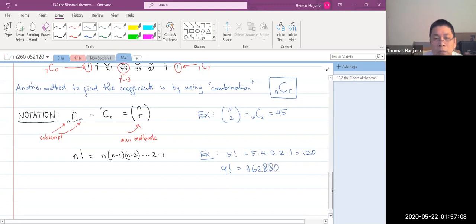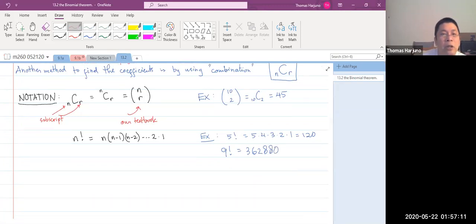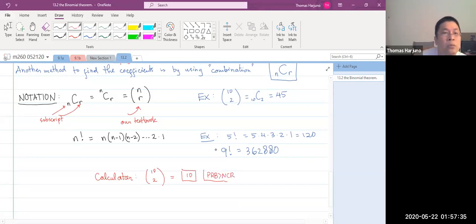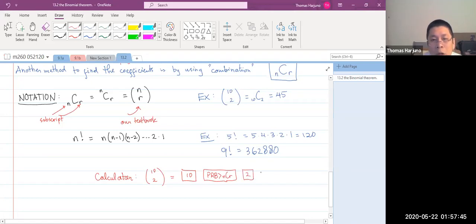362880. Or maybe I write the calculator notation here. Calculator. For let's say 10 combination 2, you will punch 10 and then PRB going to NCR, and then you punch 2 and then enter.